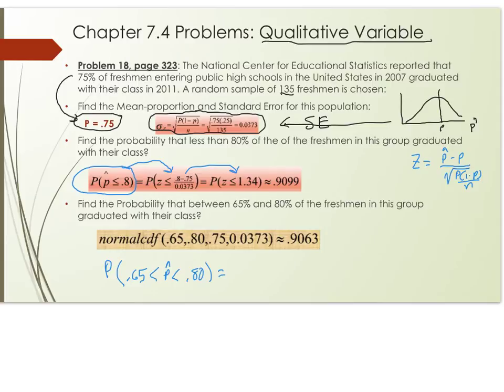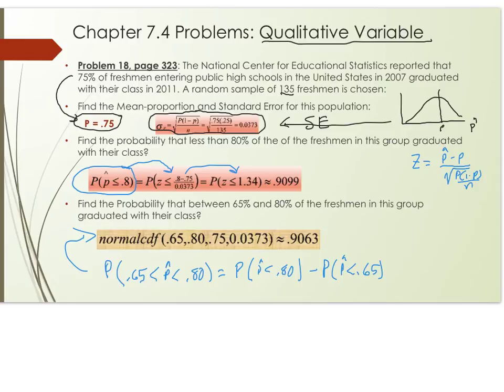If we really wanted to do this by hand, we could: the probability of p hat less than 0.80 minus the probability of p hat less than 0.65. But we're going to use the calculator, and the calculator will give us the answer just as well.